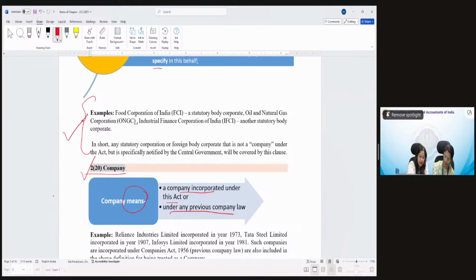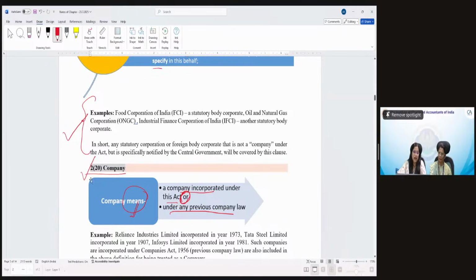One thing to note is the word means, and the other word to note is or. It's not and, it's or. That means it is giving a wider coverage: incorporated under this Act, or under a previous law.